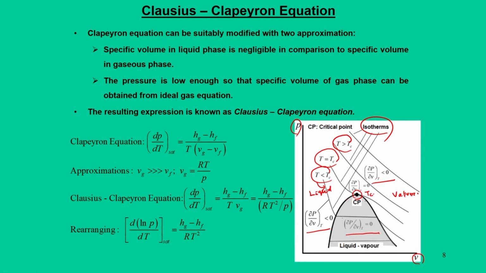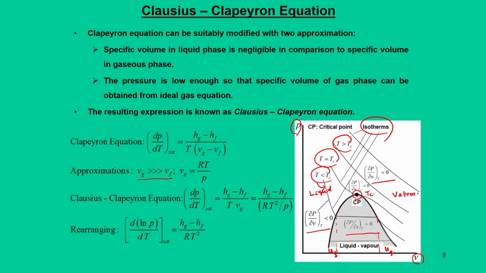Then what this Clausius-Clapeyron equation assumes is that specific volume in the liquid phase is negligible. So if you drop a vertical and find the values, we have Vf and Vg, and it says that Vf is much less than Vg, or Vg is much greater than Vf. This is the first thing.